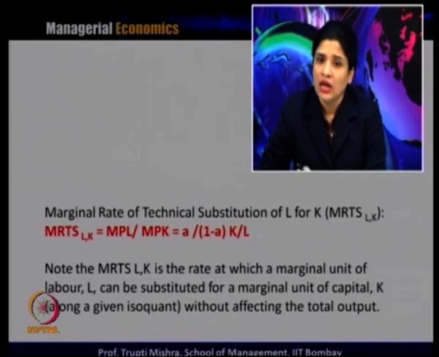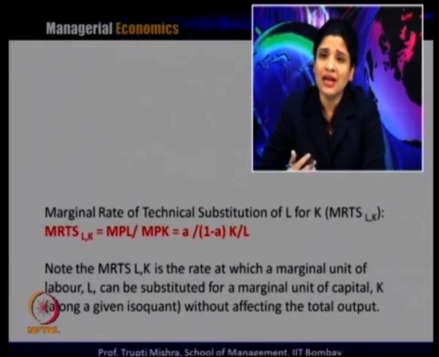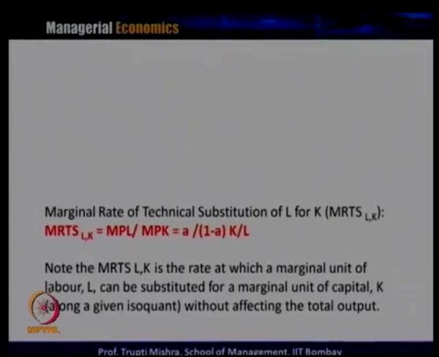Here we have to note that the marginal rate of technical substitution of L for K is the rate at which a marginal unit of labor L can be substituted for a marginal unit of capital K along a given isoquant without affecting the total output. So, it is like the rate of substitution between two inputs: even if the amount of input used from labor and capital is changing, it still has to be on the same isoquant, so the level of output is not changing.